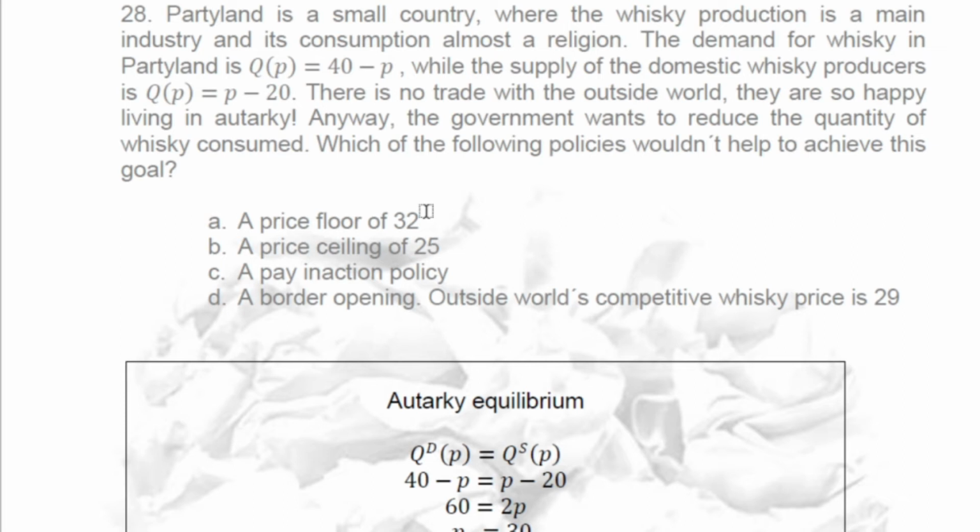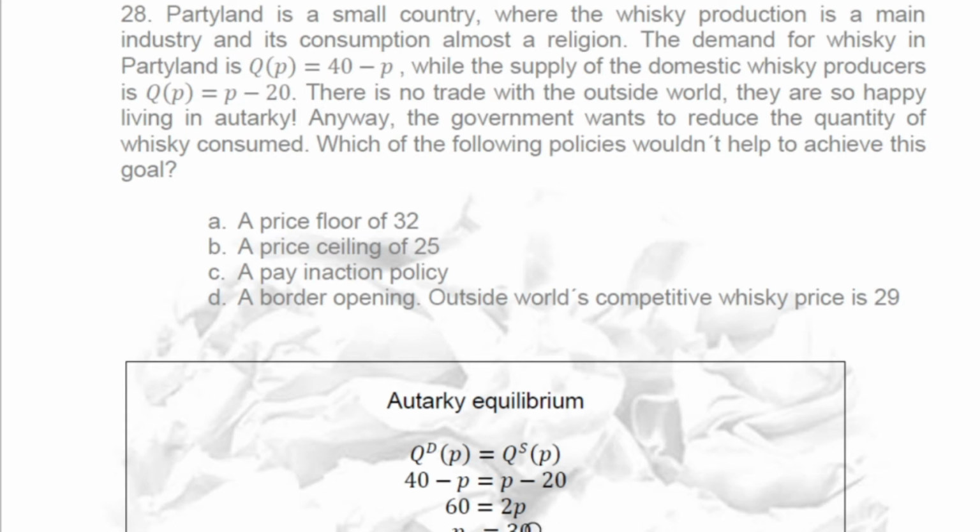Well, a price floor of 32, of course, would achieve this goal. We said so, I think, in the previous video. A price ceiling of 25, of course, if it's binding, will help to reduce the quantity of whiskey consumed. Thinking about the real world, if the government imposes a minimum price of 32 on whiskey that currently is exchanged at 30 in Pariland, it will obviously cause consumers to demand less whiskey.